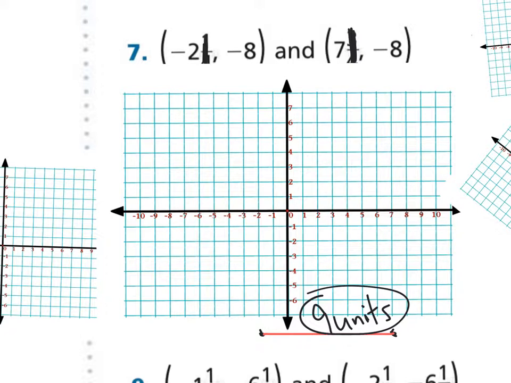Okay, and again, if you're using graph paper, I've got all the graph paper I need because I can just keep duplicating this graph and get as many of these as I need to.